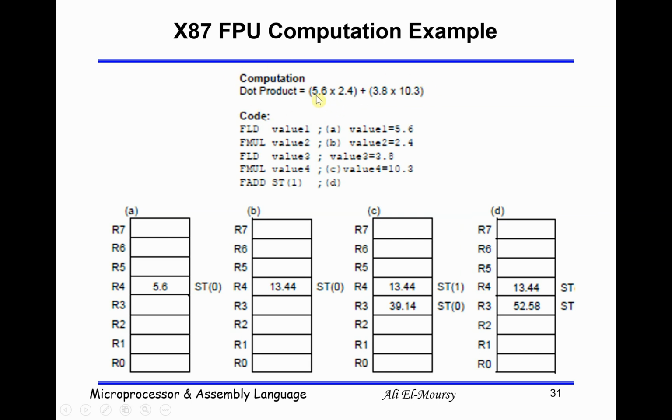I want to multiply the first two numbers, multiply the second two numbers, and then add the two results together. The code here performs this operation with the stack of registers, as we can see here. The first instruction here is actually float.